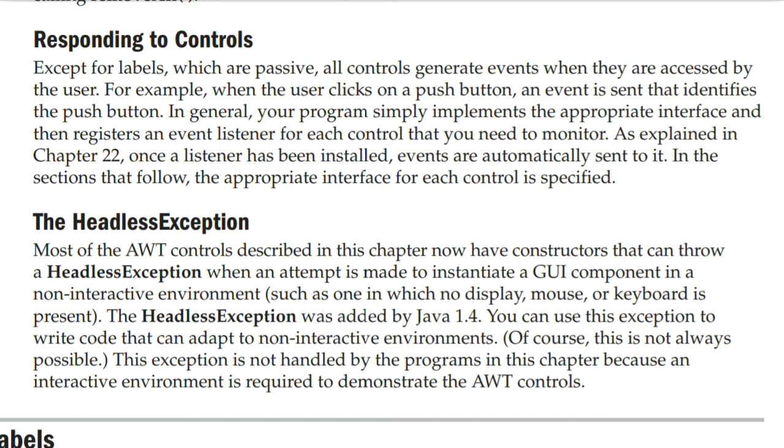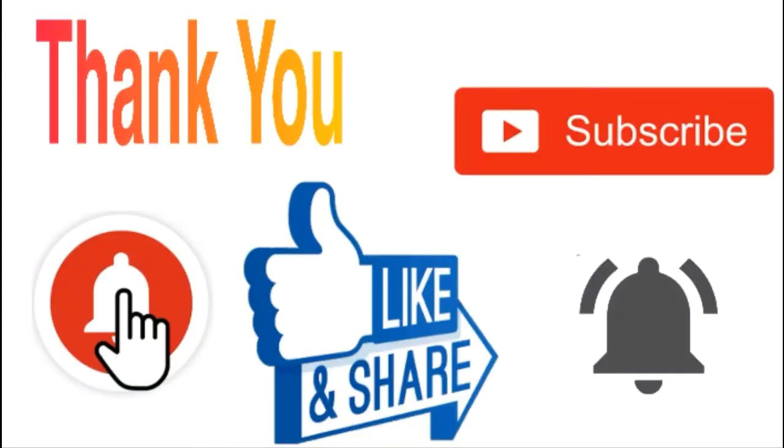The HeadlessException was added by Java 1.4. You can use this exception to write code that can adapt to non-interactive environments. Of course, this is not always possible. This exception is not handled by the programs in the chapter because an interactive environment is required to demonstrate the AWT controls.